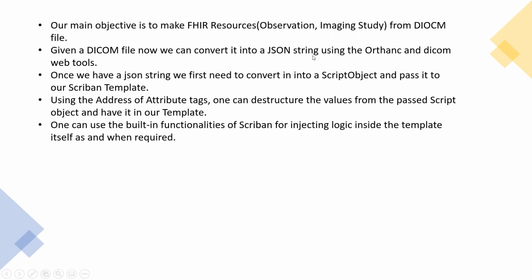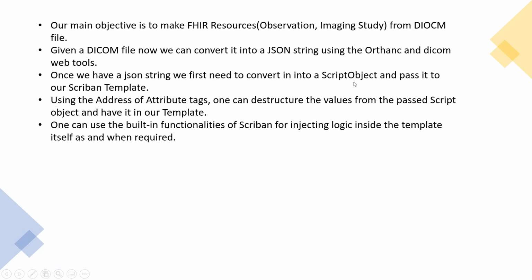Once we have a JSON string, and if we are using a Scriban template for making our FHIR templates, we first need to convert it into a script object. So what is a script object? A script object is basically another form of object which combines quite well with Scriban. It is a special object inside Scriban.